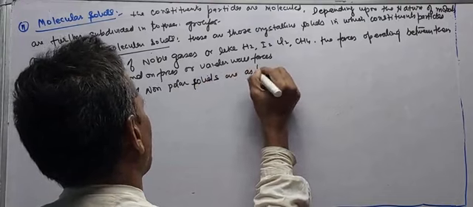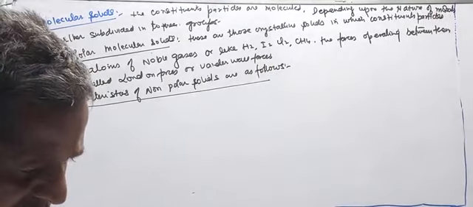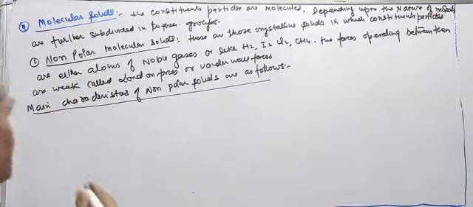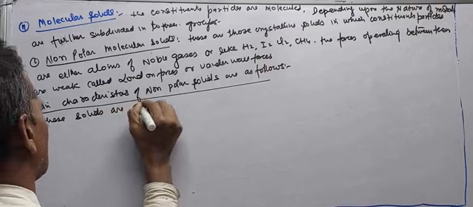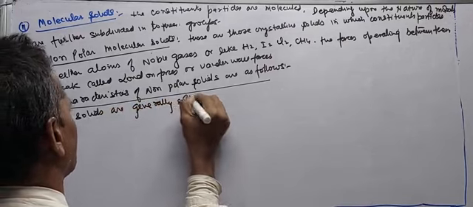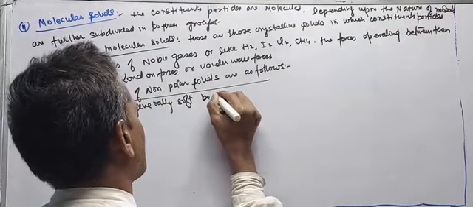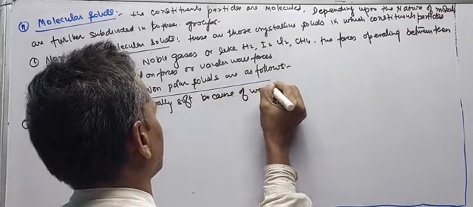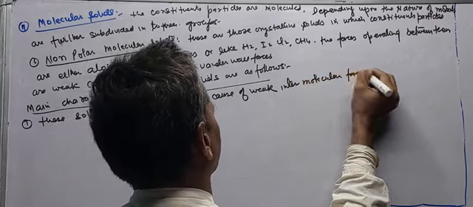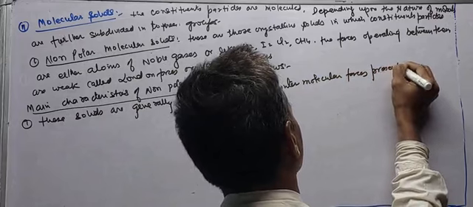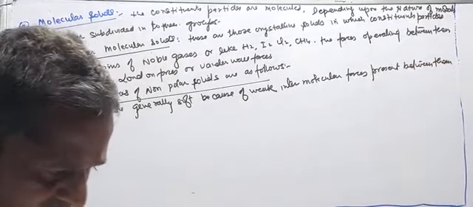Number first, these solids are generally soft because of weak intermolecular forces present between them.